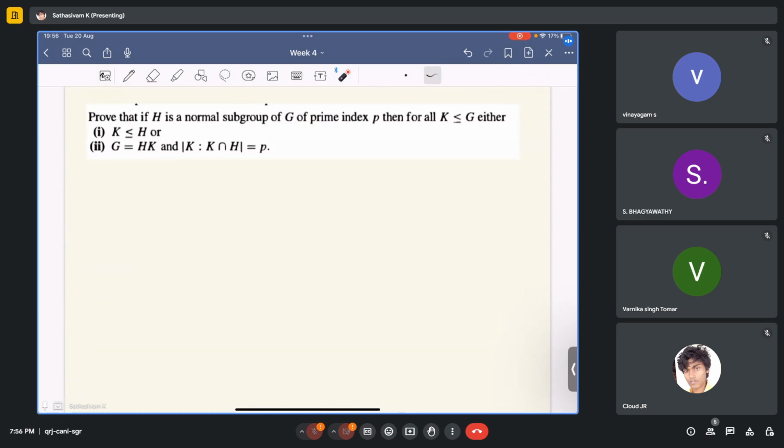Okay, so this question says the following: prove that if H is a normal subgroup of G of prime index P. Okay, so what does it say?